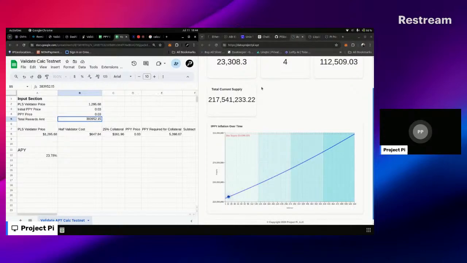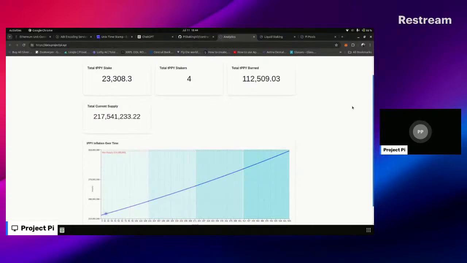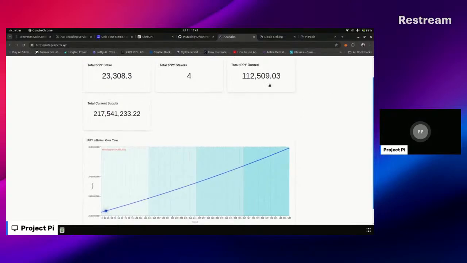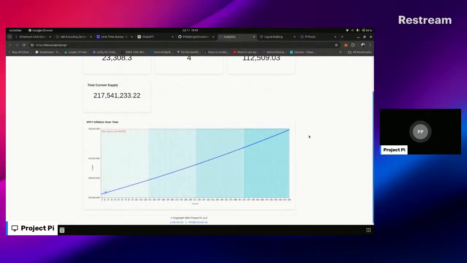And so we can go back to this chart here. Basically, the amount of PPY you can see has been burned. This chart in itself will span over a 4-year period. After 4 years, there will be no more PPY that will actually just be made via inflation.